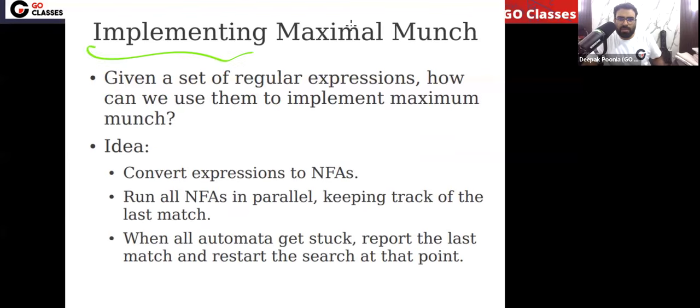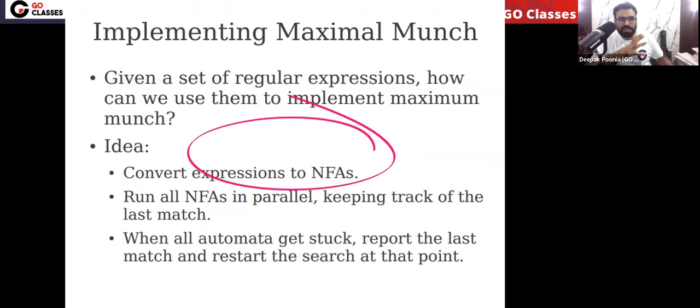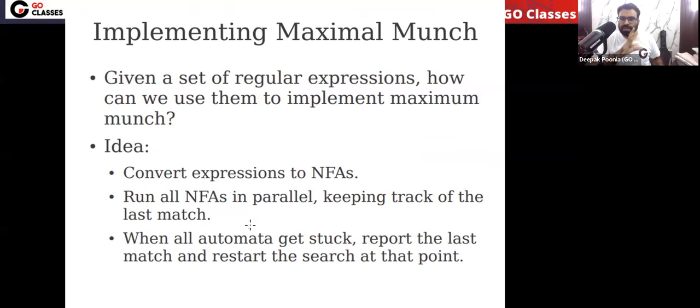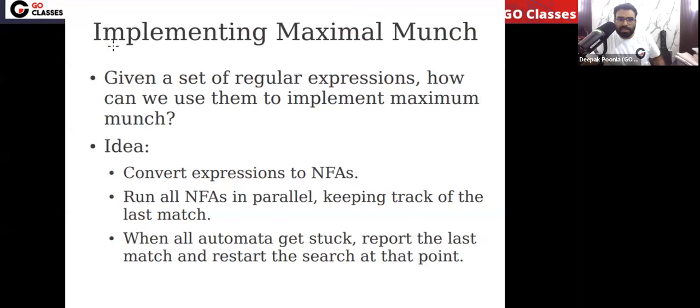Now let's see how to implement maximal munch. You can implement maximal munch by creating NFAs, but to solve the questions, we will not create NFAs. Conceptually, when you design the lexical analyzer, how will you implement maximal munch?